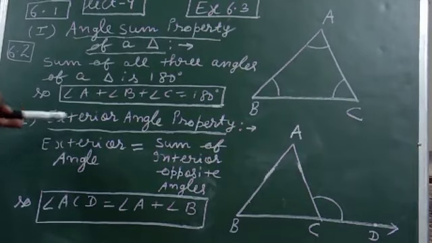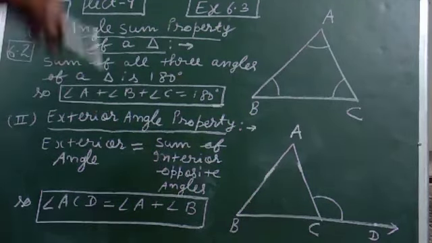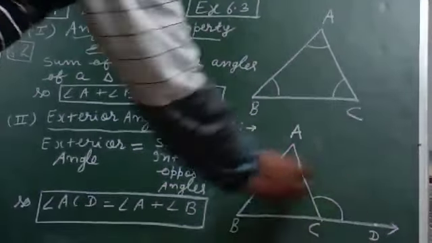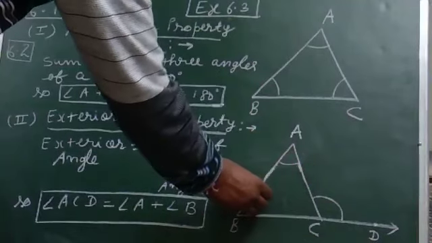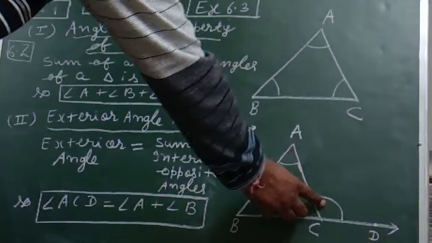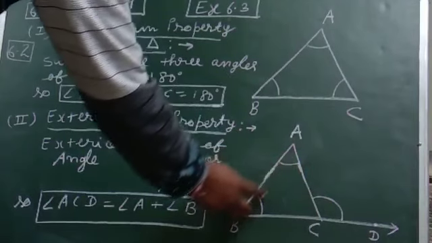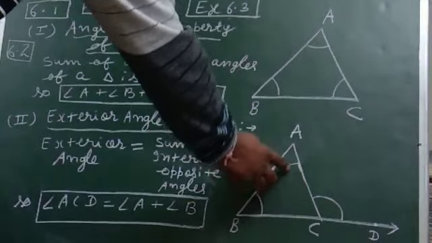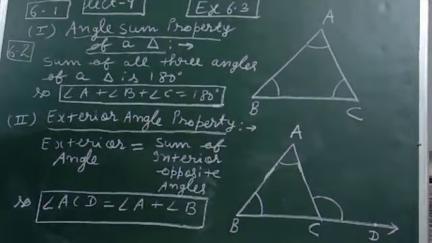Now the second result, this is the exterior angle property. Exterior angle means the angle which is not inside the triangle. Exterior means it should be the outside angle. Suppose I extend this line BC up to D. Then if I want to find the value of angle ACD, this angle will be equal to the sum of these two interior opposite angles. Meaning leave the angle adjacent to it, and add the remaining ones.